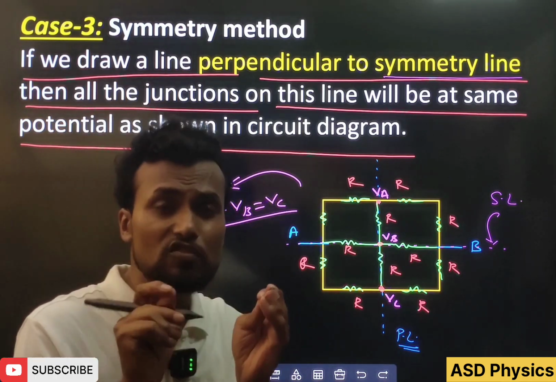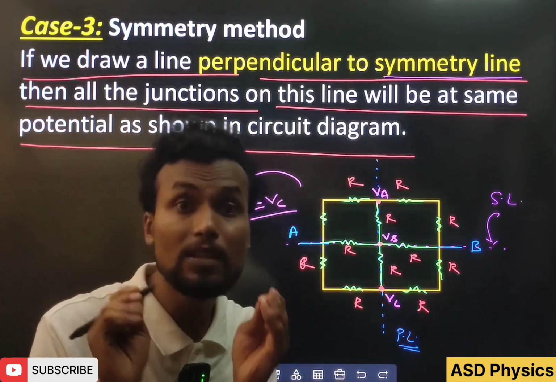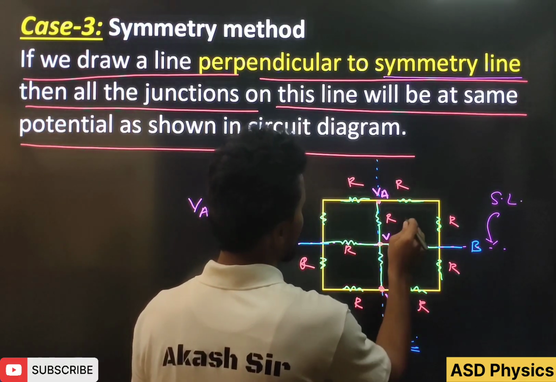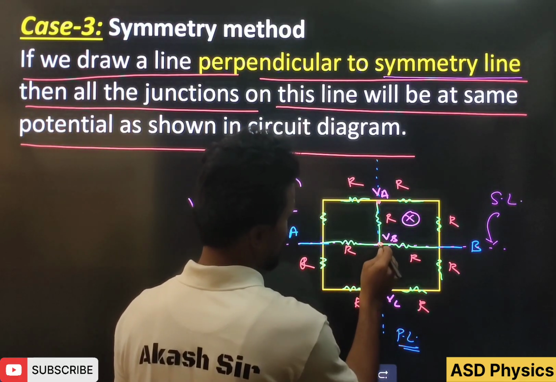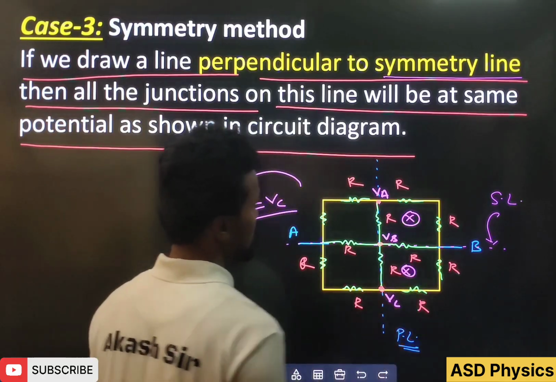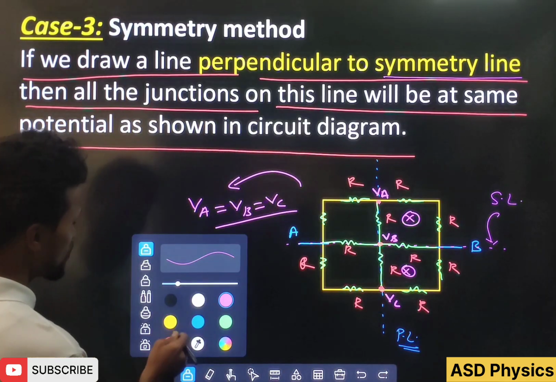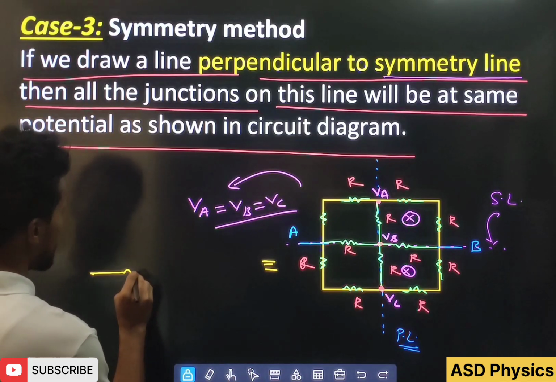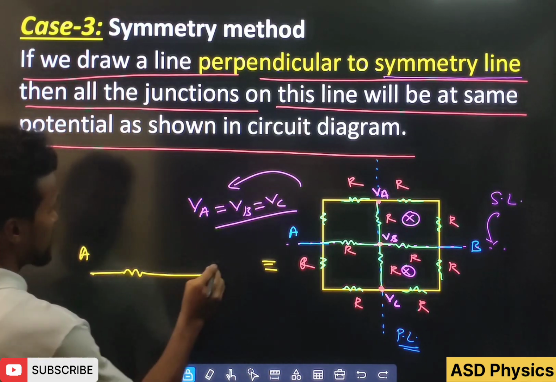Whatever junctions are on the perpendicular line, they will be at the same potential. So if the potential of A and B is the same, this resistance can be removed. B and C is the same, this resistance can also be removed. So, students, when we remove the resistance, see what will happen here. Here you can see very well, this is A, this is B.